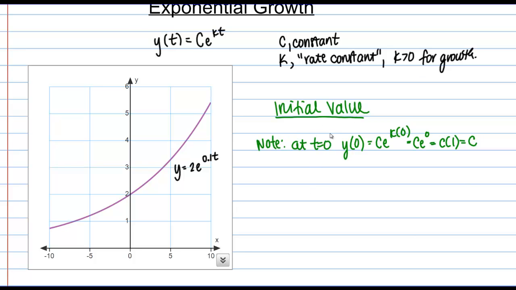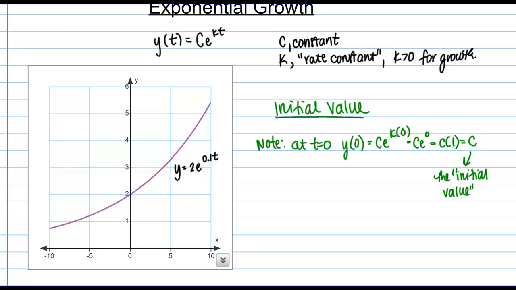So time equals 0 is the starting point, so then we find that c is our initial value of whatever quantity we're talking about. So the initial population, for example.